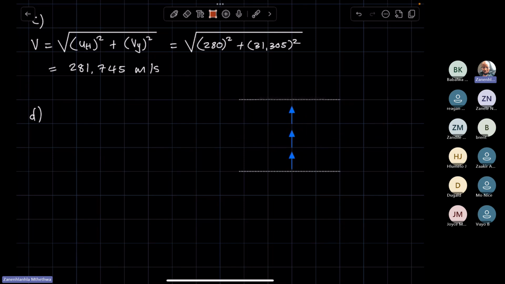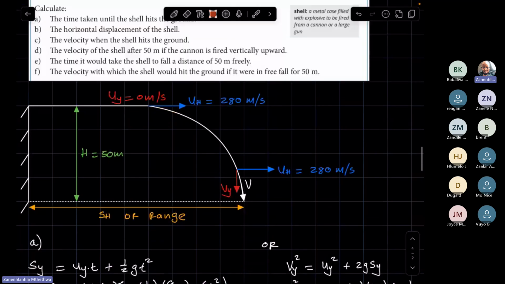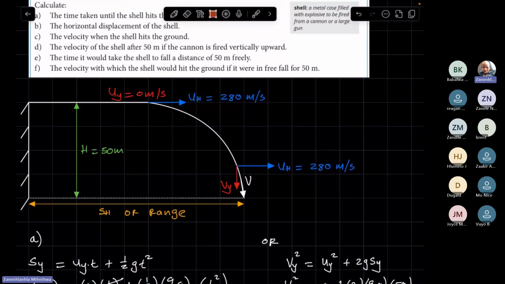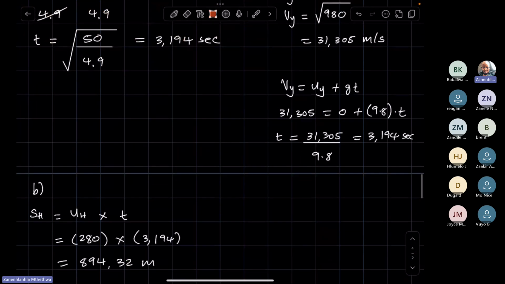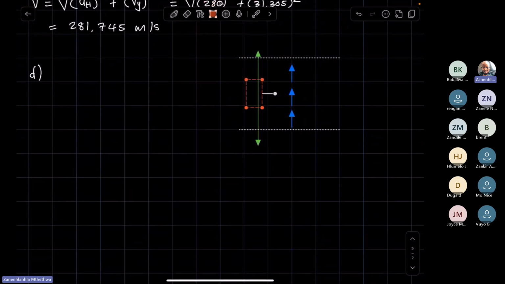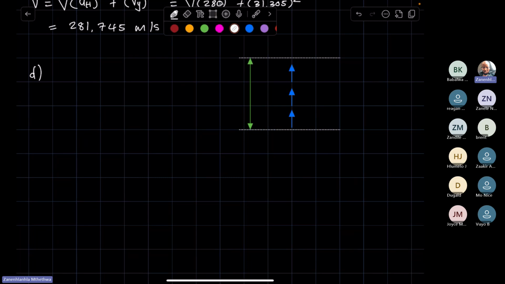All right, that's going in that direction. And then, all right, this is 50 meters. So the height is 50 meters.